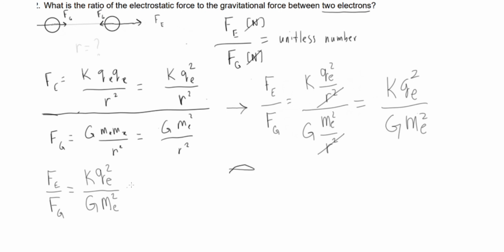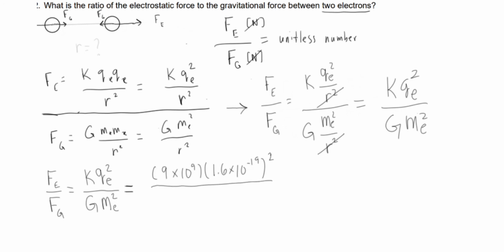But now let's actually calculate our number. Plug in K, which is 9 times 10 to the 9th. I'm not going to put units just for cleanliness here. And then we have the charge, 1.6 times 10 to the minus 19. Again, I'm not bothering putting the negative sign. It gets squared anyway.